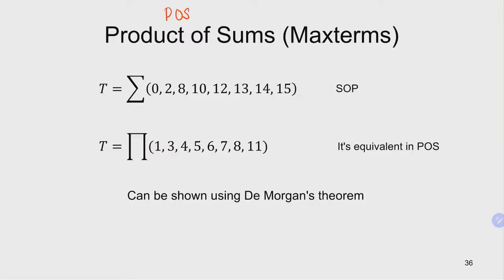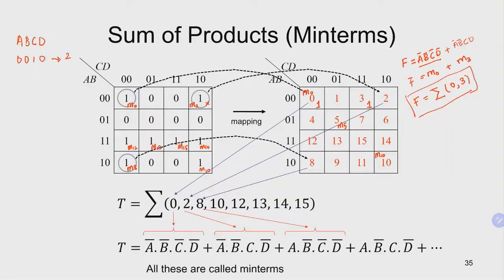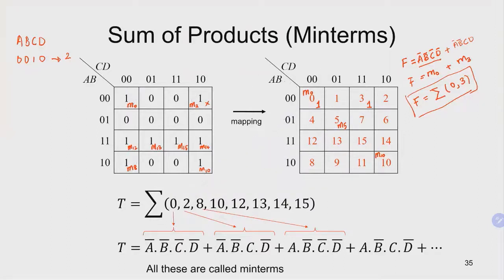So you can see that if I go back to my original, in sum of products, we have a minterm here. The equivalence of that will be a max term.